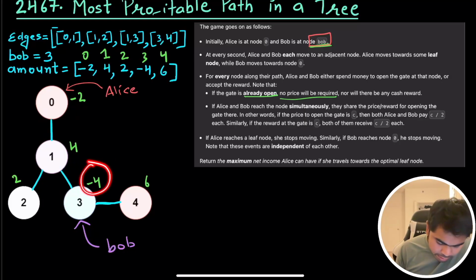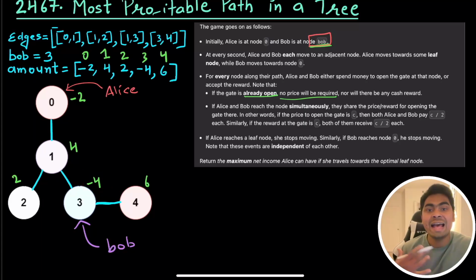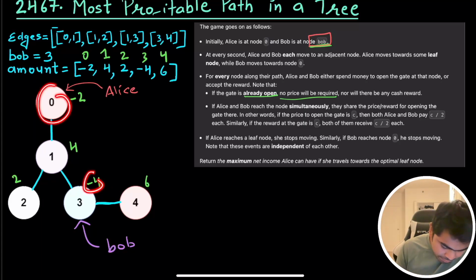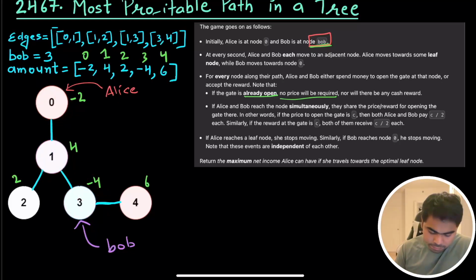So Bob has already paid that negative value, which means if Alice gets here, she wouldn't have to pay this price. Or if it was a positive value, she also wouldn't get anything. It will be 0. So now let's move forward in the game.